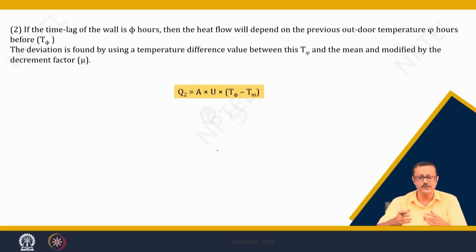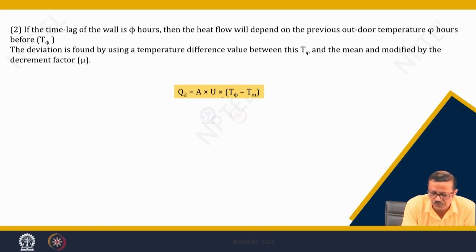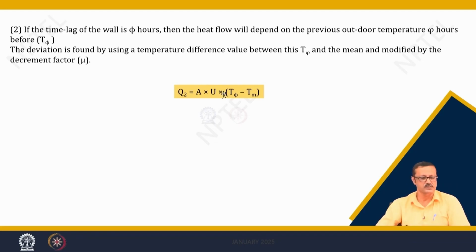In the second component I use two things, one is the thermal lag, and there is a little typographical error, there should be a mu in it, I will correct it and send it to you. So, there is a thermal lag of some 5 hours and there is a discriminant factor of mu.